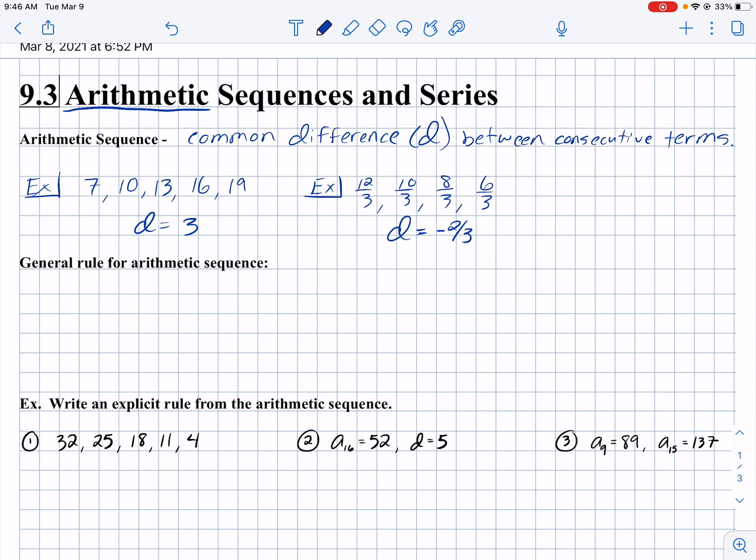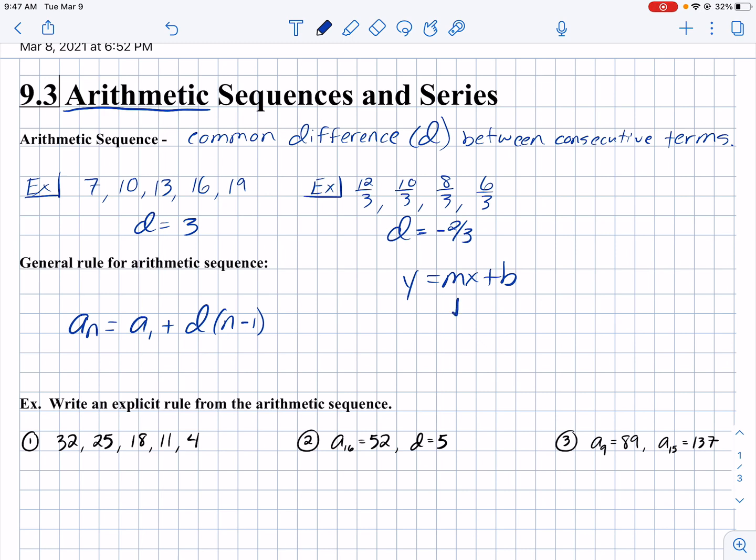The one that I was showing you on the homework was using the first term: a sub n equals the first term plus your common difference times n minus 1. And there's actually another way to write this rule, and really they all come from the slope-intercept form that we use for a linear function or a linear equation, right?